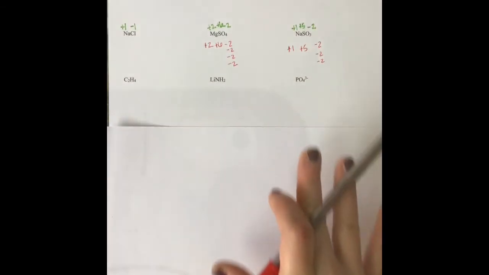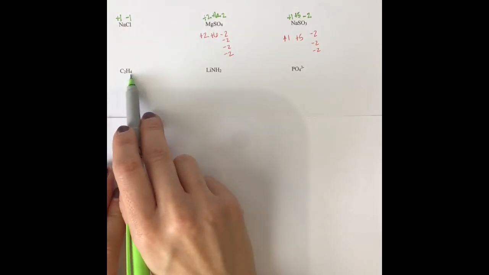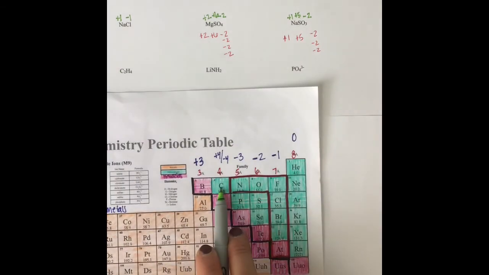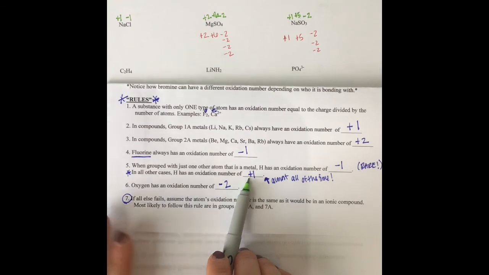All right, let's jump down to this last section here for some that may be a little trickier. Here we have 2 carbons bonded to 4 hydrogens. Carbon is a nonmetal, so we're still looking at the rule in which hydrogen has an oxidation number of +1.